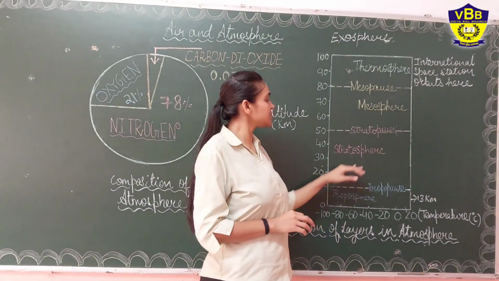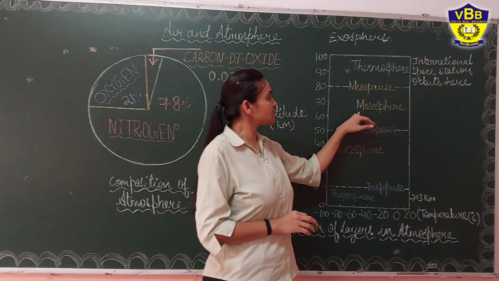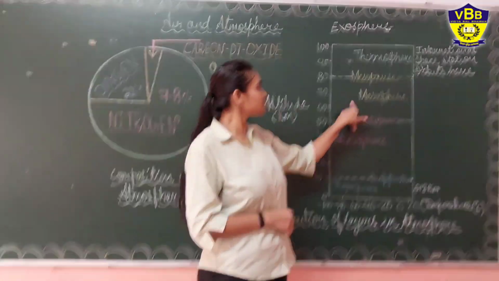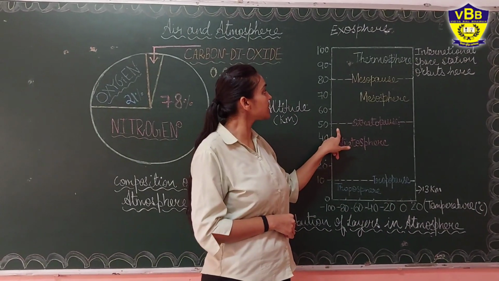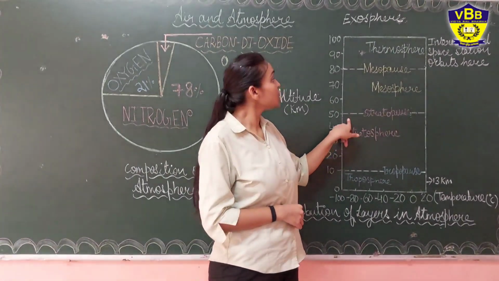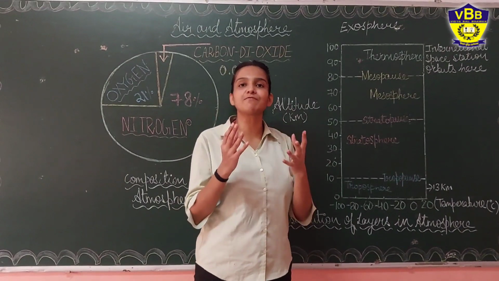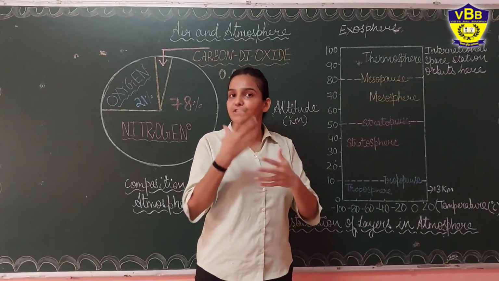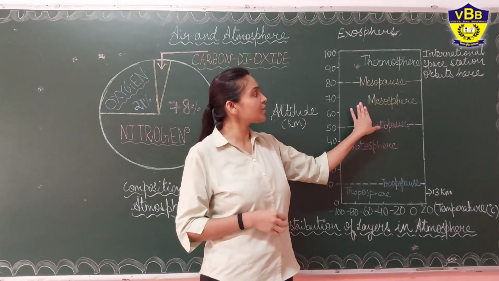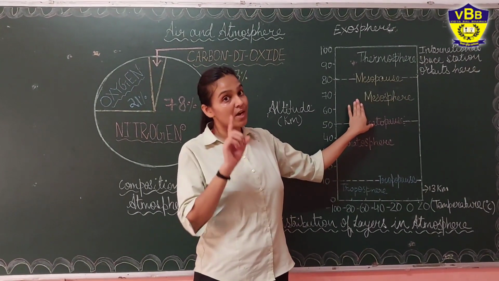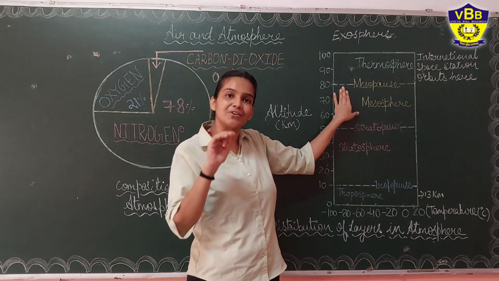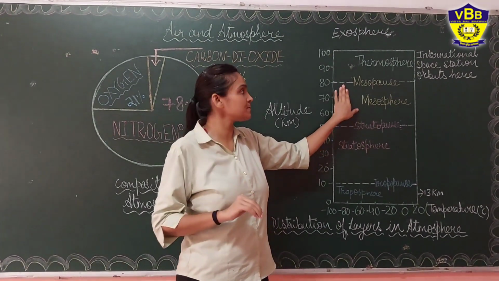The boundary between stratosphere and mesosphere is stratopause. Mesosphere extends from 50 kilometers starting from stratopause to about 80 to 85 kilometers. All the meteors that enter the atmosphere burn out in mesosphere. Now here, as we move up in height, the temperature decreases.